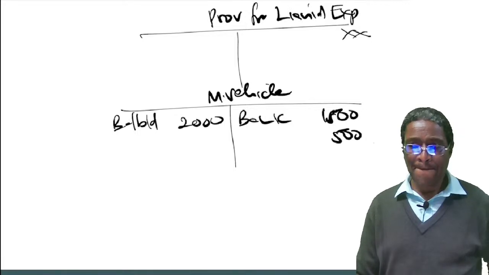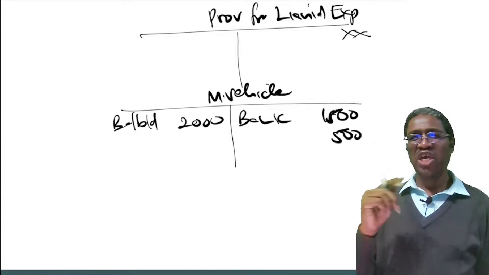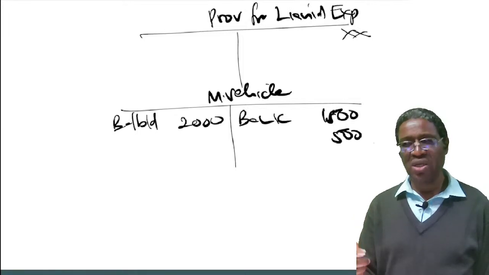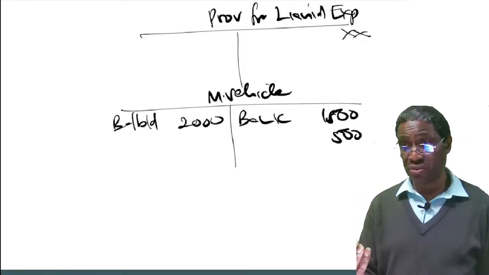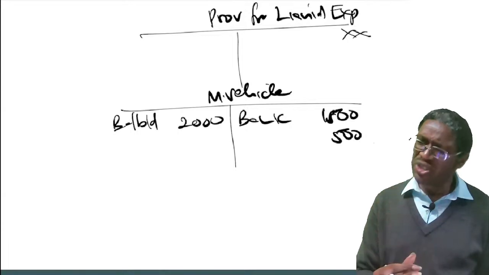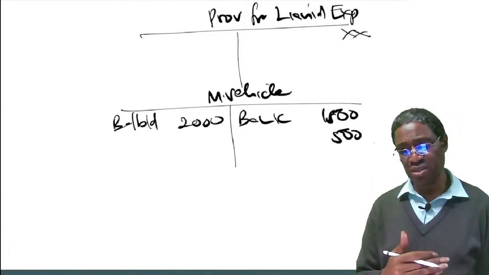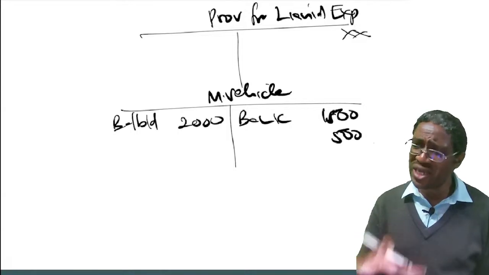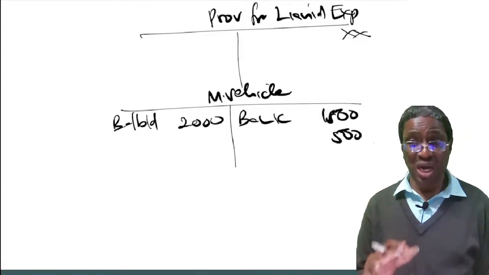Remember, we are not running a normal business. If we were running a normal business, I would take that loss on disposal to the profit and loss. But we are liquidating this company, and so our operating account becomes the realization account.